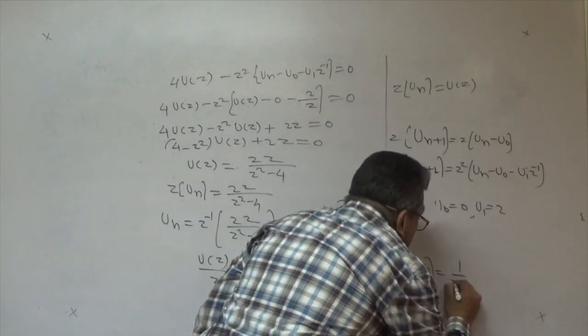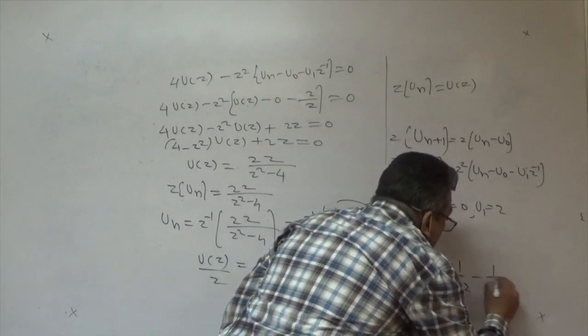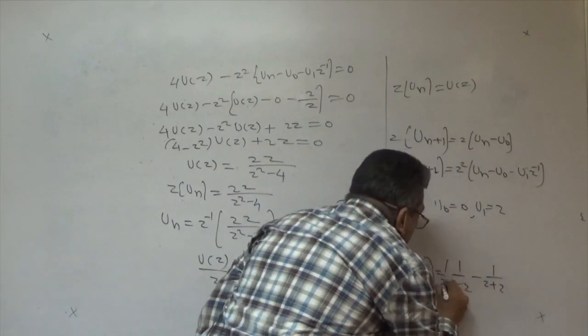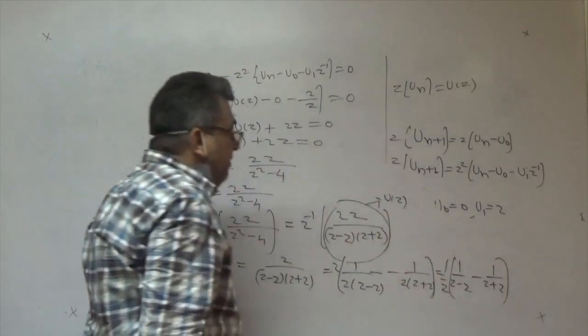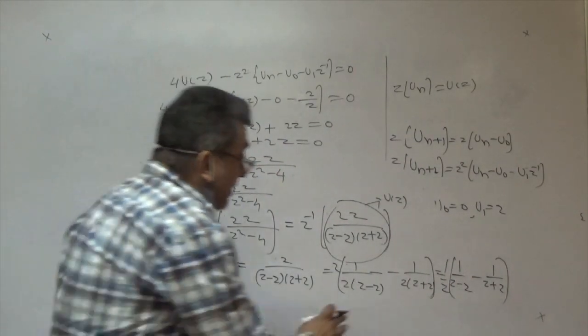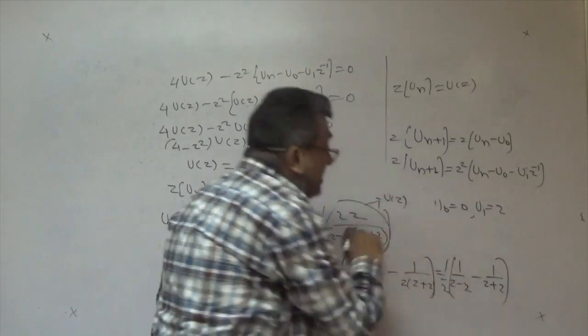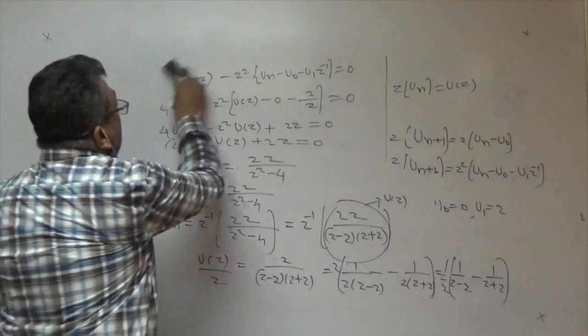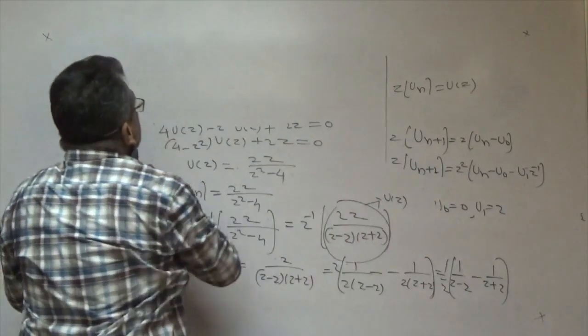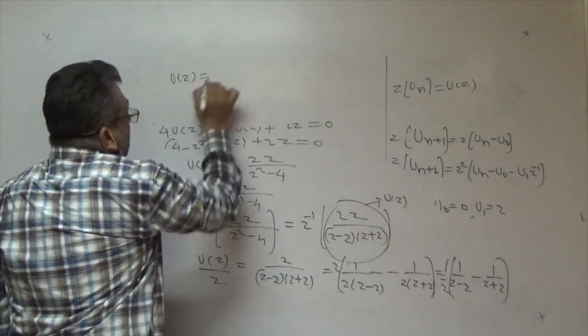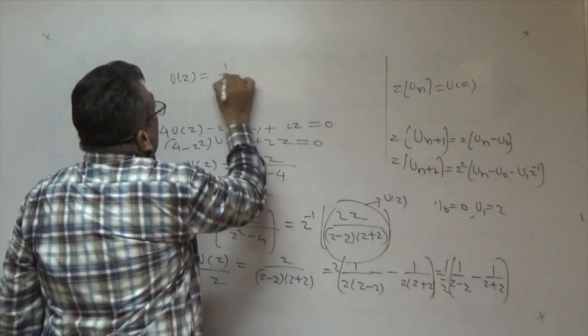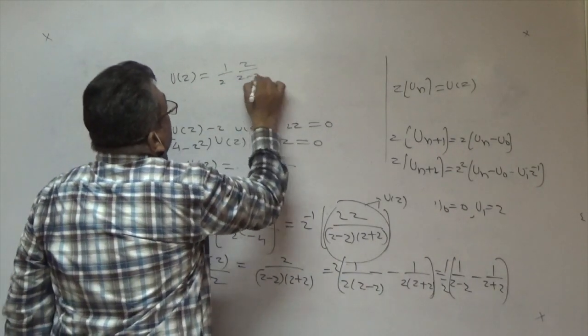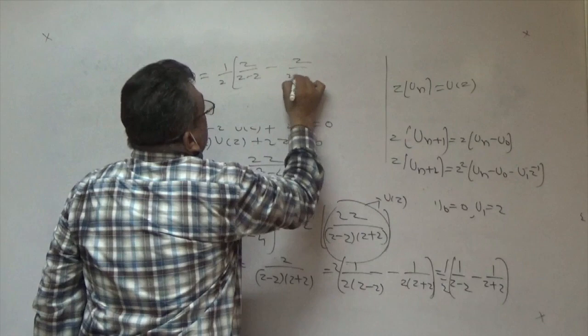Finally we get (z minus 2) minus (z plus 2) and 1 by 2. This is the partial fraction. Finally, this is 1 by 2 and this is 1 by 2, because we get 4 and here we have to find 2. And now transferring this z to the right hand side, we simply get the value of U(z) as two fractions: 1 upon 2, z upon z minus 2, minus z upon z plus 2.